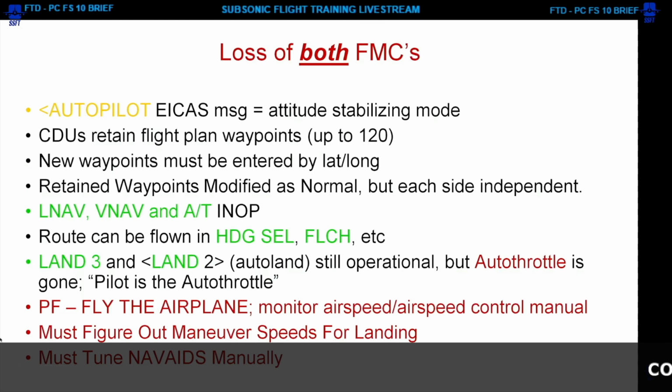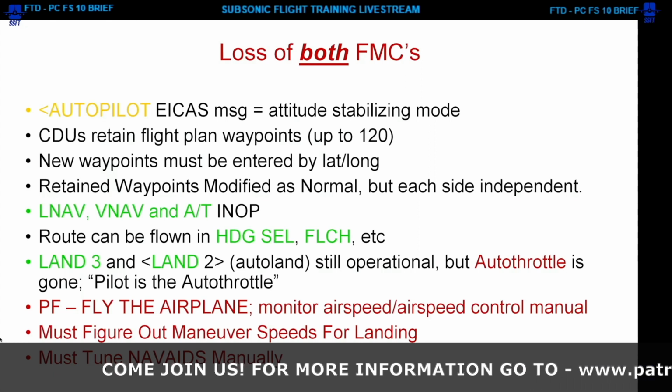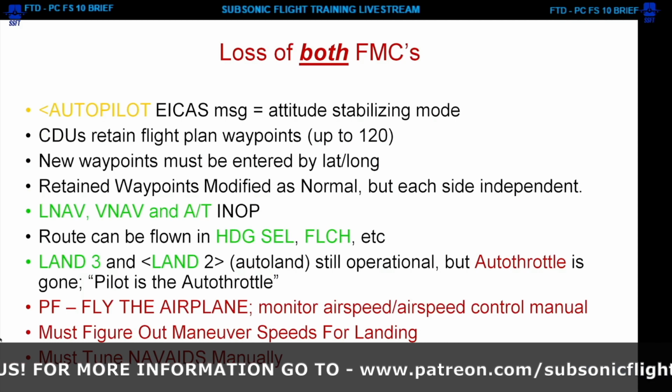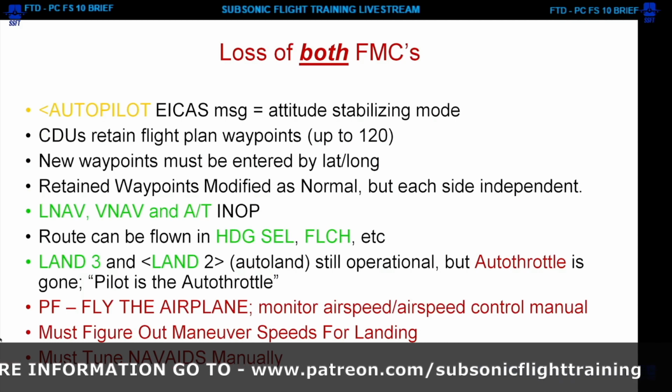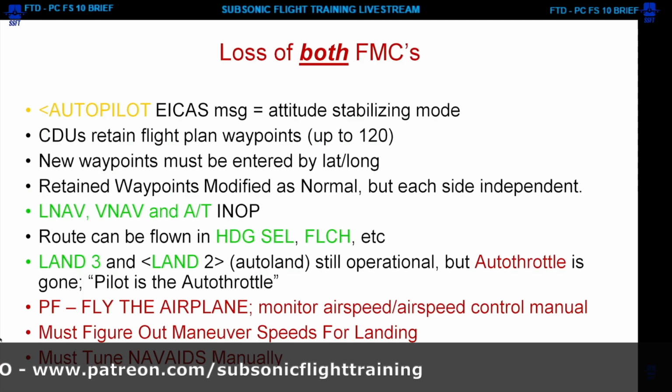The retained waypoints are modified as normal, but each side is independent. What that means is the left CDU is different from the right CDU, is different from the center CDU. So the retained waypoints can be modified as normal, but when you execute, it's only going to show up on one side.